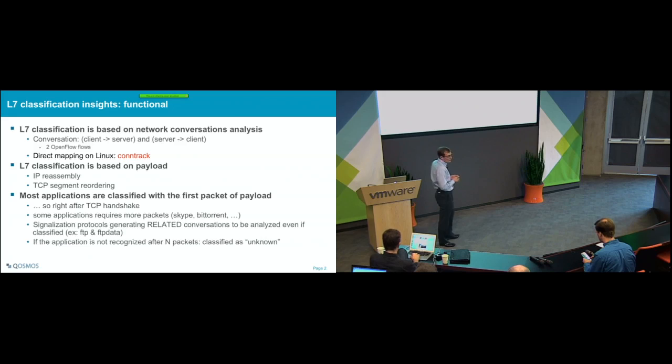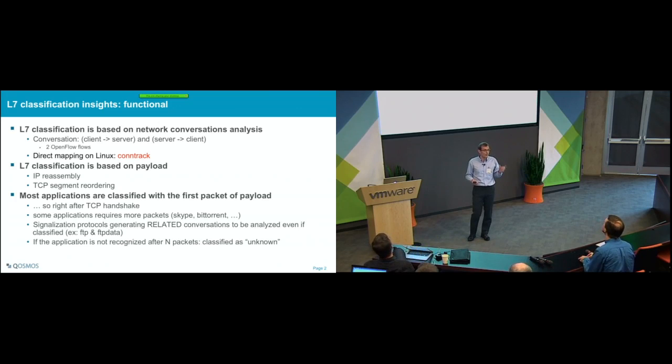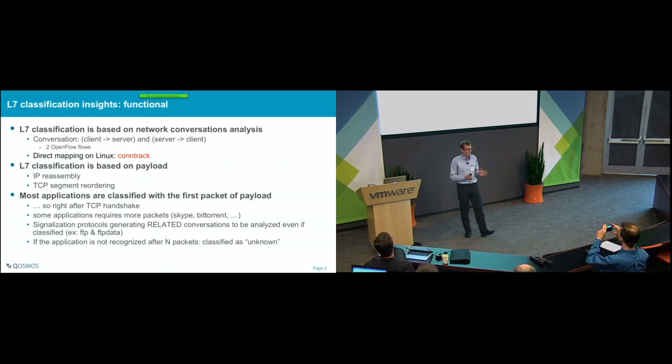In terms of performance, the key point is that most applications are classified with the first packet of payload in one of the two directions, right after the TCP handshake but not before, because layer 7 classification relies on payload analysis. We absolutely don't care about layer 4 and lower information.